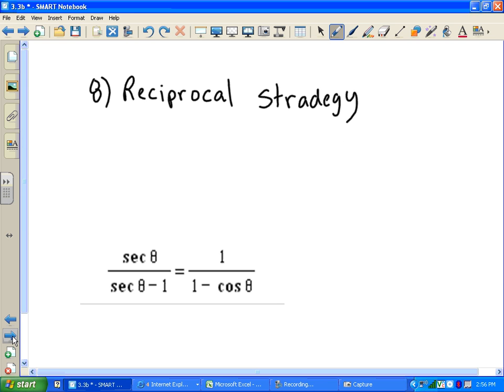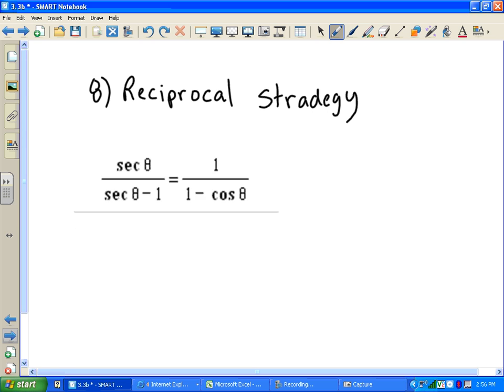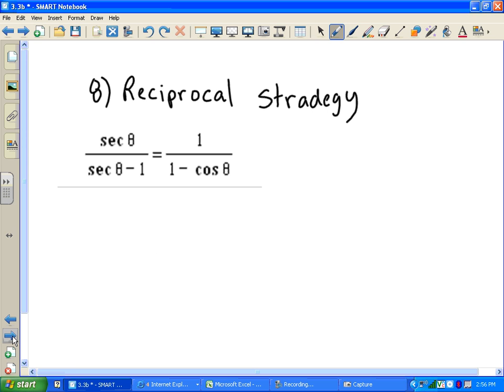Now, another strategy here is called the reciprocal strategy. Now, I really dislike this one, but because these problems are multiple choice, we're going to be forced to use this strategy here. Now, the idea here, let me start off with basic numbers, is if I have just a simple fraction like 2/3, I can write that as a more complex fraction.